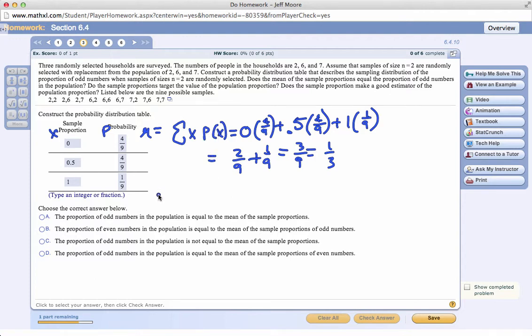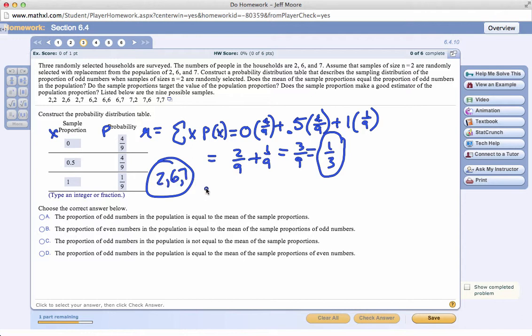Okay, so the question then is, does this value, this mean, represent the proportion of odd numbers in the population? Well, yes, the odd numbers in that particular population are represented only by the value 7. The population consists of 3 values, 2, 6, and 7.